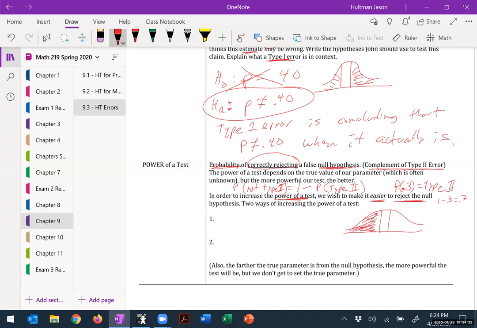Easier to reject means that we want really large tails, easier rejection. So what's going to create really large tails?